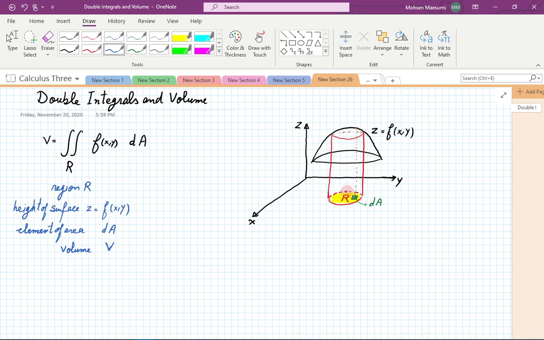Now if I take my region and cut it up into little cells like this, elements of area like dA, so that they cover my region, and multiply each by the corresponding height, I get the volume of each little pencil, and if I add the volumes of all the pencils, I get the volume under this dome on top of this region.